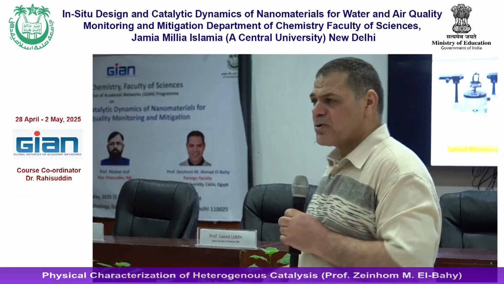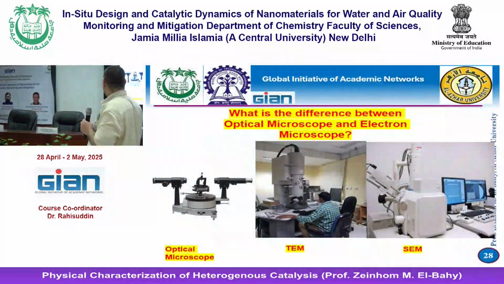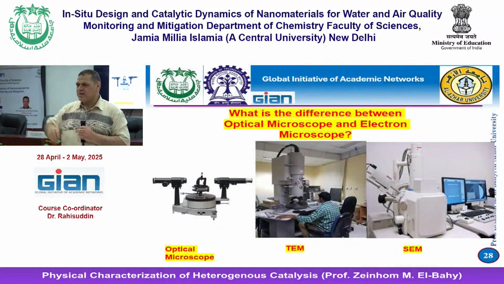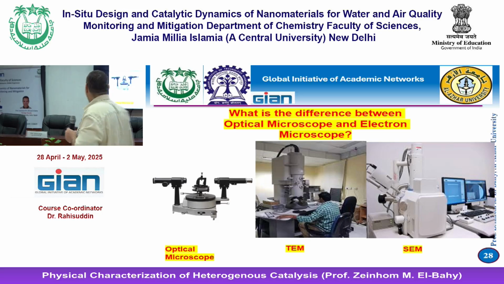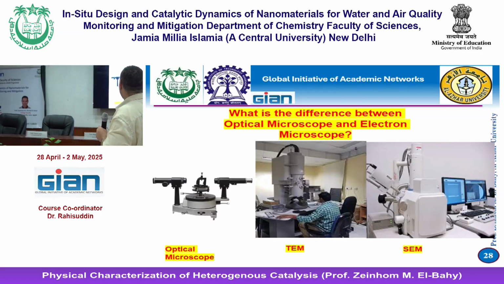This is an optical microscope, okay? You can use an optical microscope. It shows you some micrometers, okay? And if you want to go deeper, like to check DNA or something at atomic or nanometer scale, you can't use this.